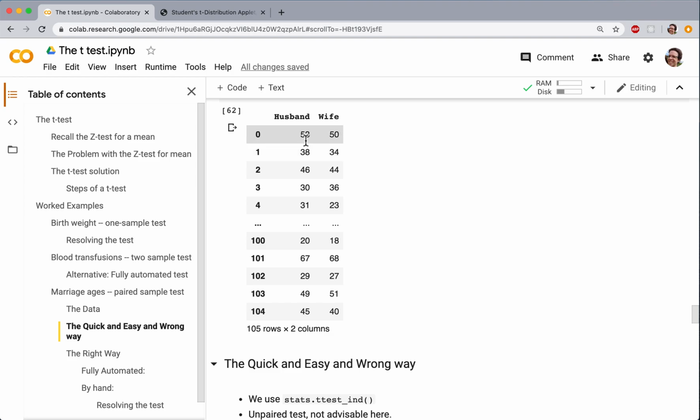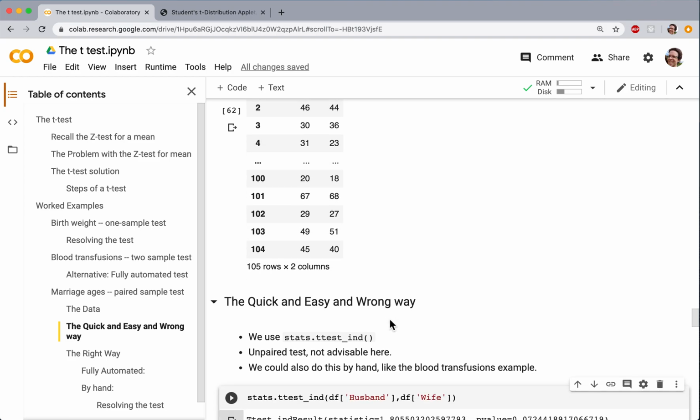Data like this, where each case is basically representing one thing, in this case a marriage, and different facets of that thing, is called paired data. And when we have paired data, it's usually a pretty bad idea to completely unpair it and consider one whole data series as a completely separate thing from the other data series. So we would probably get a stronger result if we remembered that these were paired.